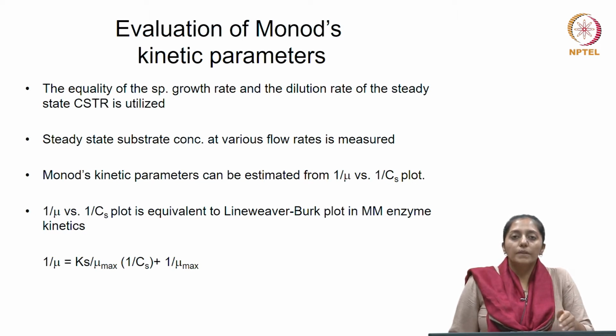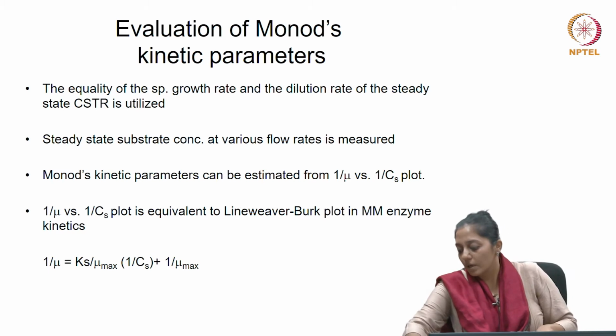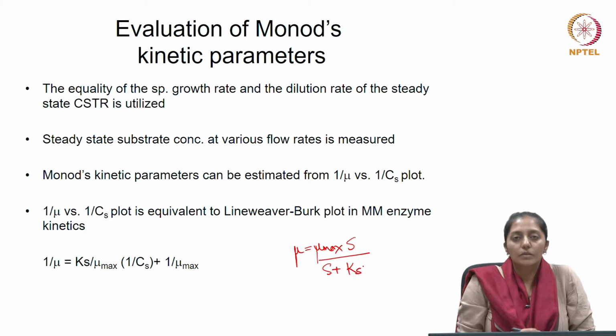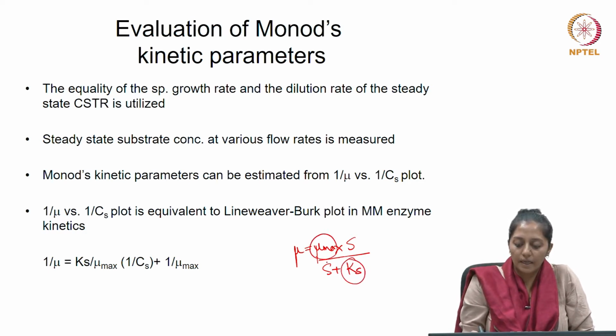Now, if we want to determine the constants of the Monod model, if you remember, the Monod model was mu is equal to mu max S upon S plus Ks. So, if we want to determine the value of mu max and Ks for a given fermentation system, then we can make use of continuous cultivations.